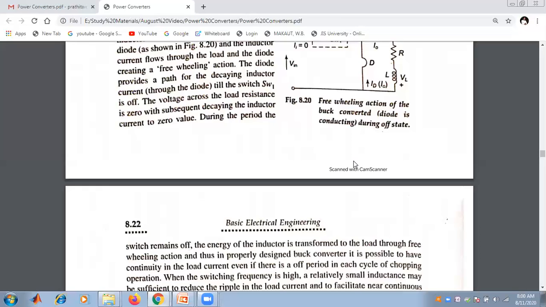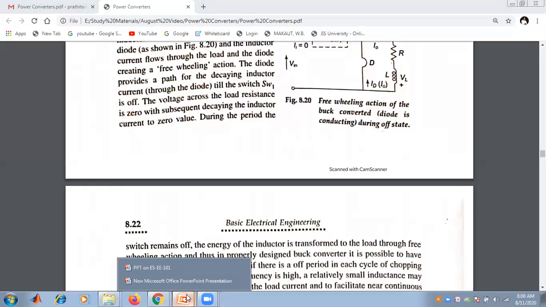So we have seen the operation of the buck converter, the basic principle of operation of the buck converter.